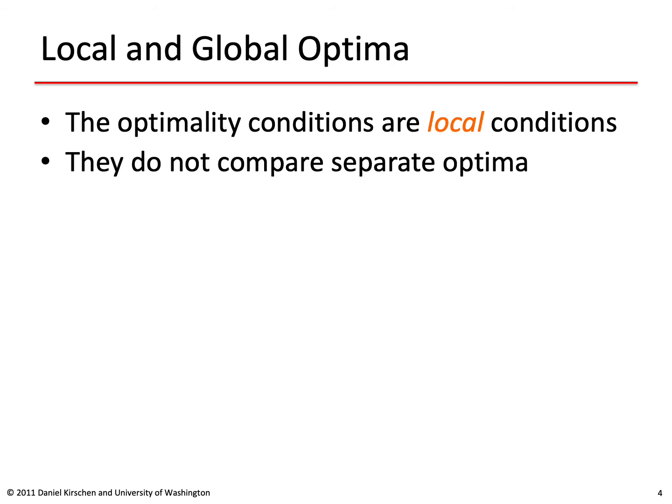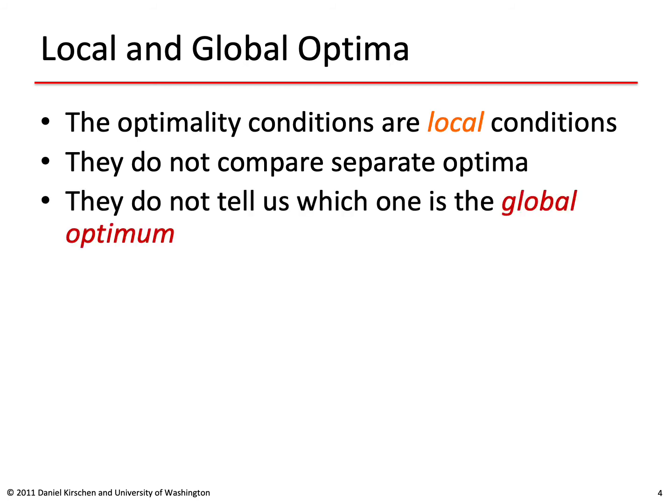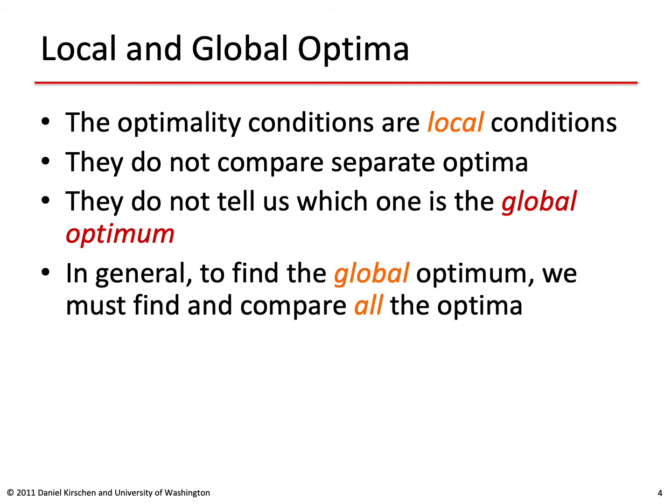These conditions do not compare separate optima, and therefore they do not tell us which of the various optima we might find is the global optimum. So in general, to find a global optimum, we must find and compare all the optima. So we must find them, calculate the value of the objective function at all of them, and then compare them on the basis of the value of the objective function.